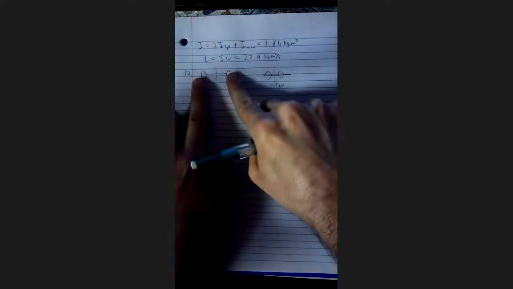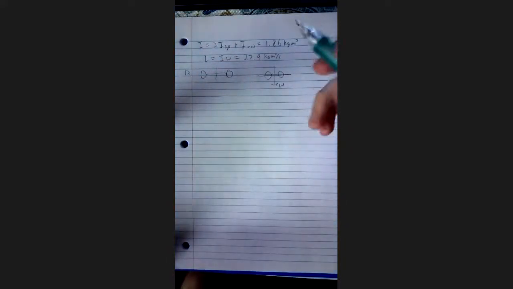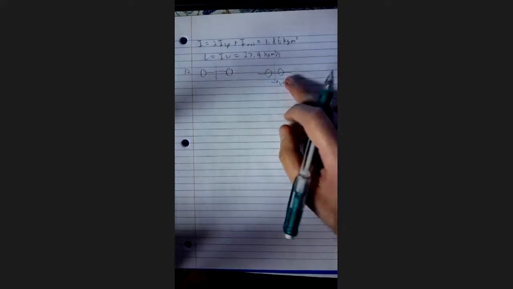So now they're somewhere like this, but our angular momentum is constant, which means that our angular velocity is going to have to increase because we've brought our mass closer to the axis of rotation, which means that our moment of inertia has decreased. So first, let's find the moment of inertia of this thing.